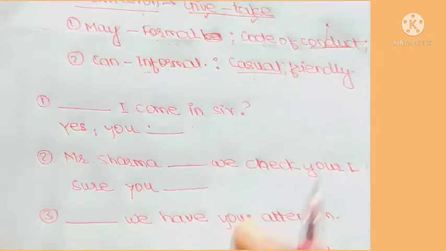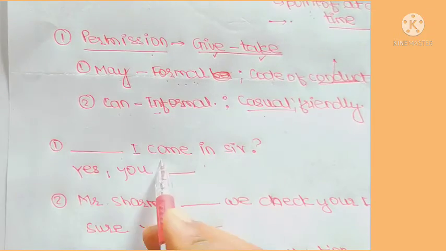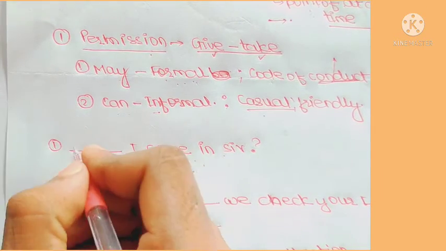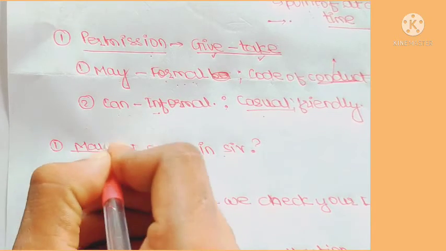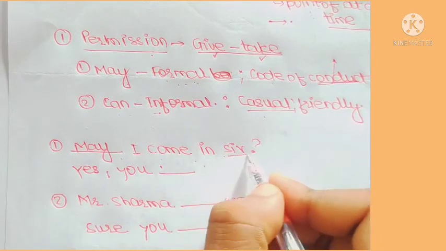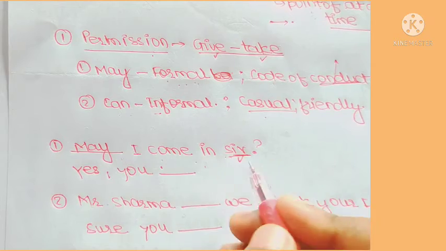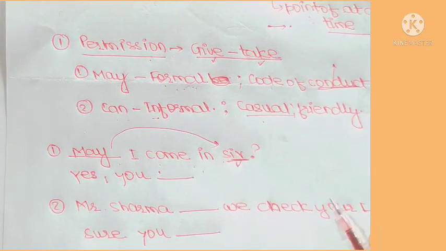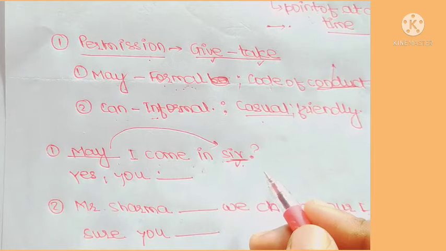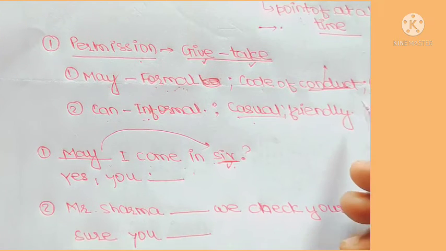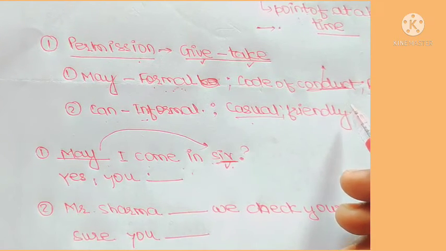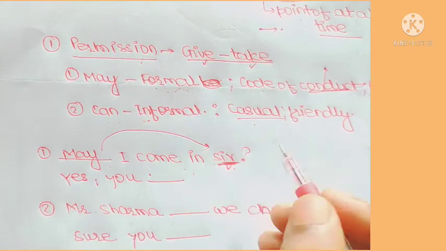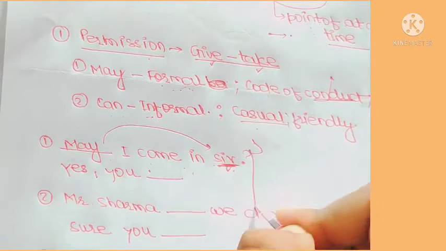So just understand, if I say dash I come in sir, I think you might be thinking here should be may, right? Why? Because just by understanding this word sir, you sense that you will behave yourself formally before your teacher, before any senior. You will show your respect. It means just by understanding sir, you got that we will have to be formal here. So what are some other keywords you can say?